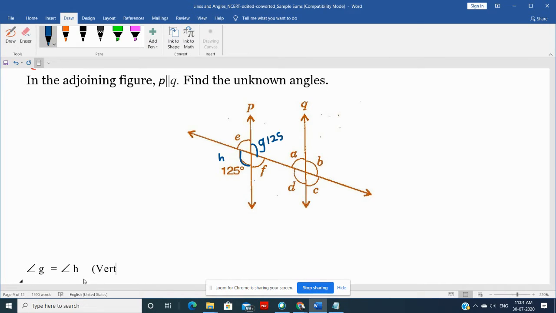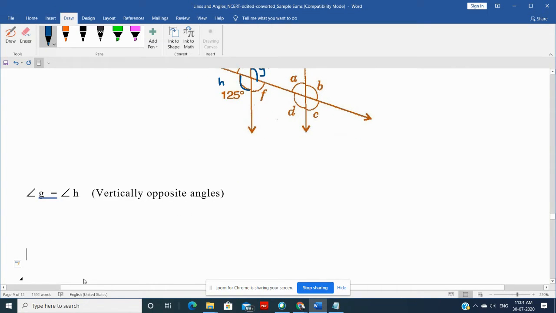Because they are vertically opposite angles. We need to write reasons also. So angle G and H, they are vertically opposite angles, so they are same. So if angle H is 125, then naturally G is also 125.